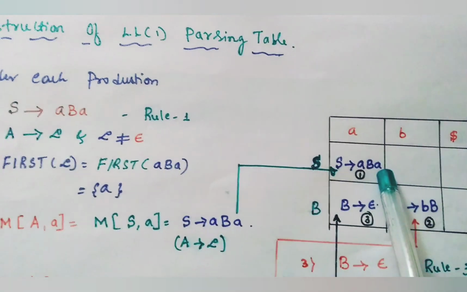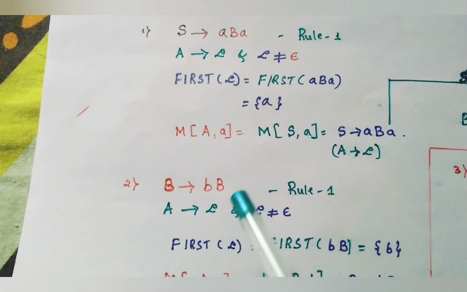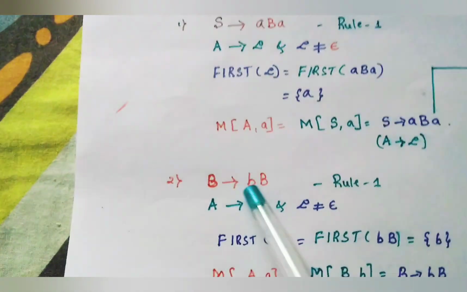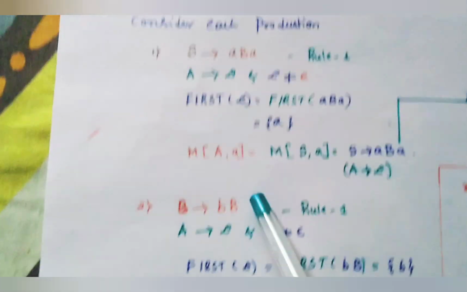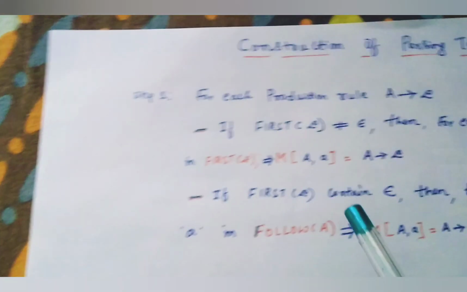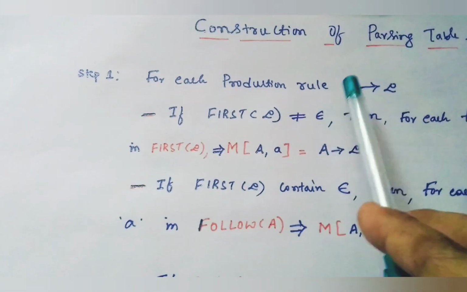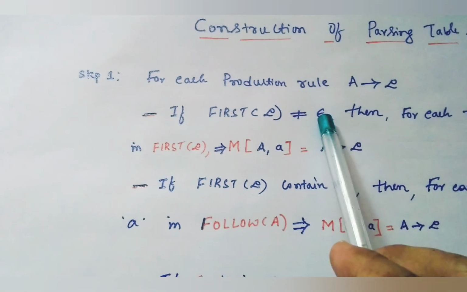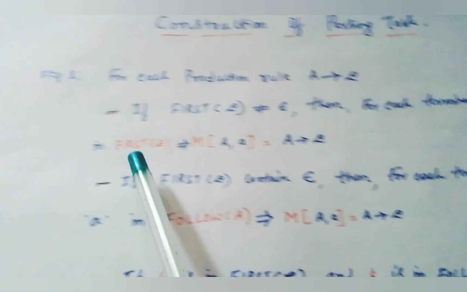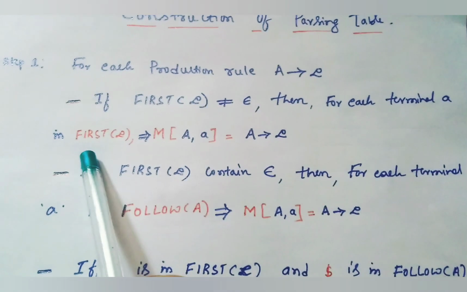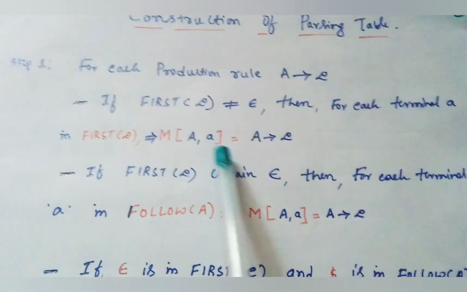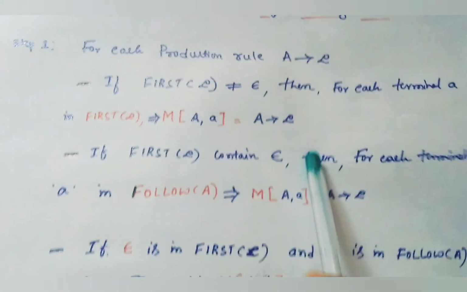Consider the second rule, B tends to BB, which once again follows rule 1. Rule 1 says that if the production is of type A tends to alpha and alpha is not equal to epsilon, for each terminal symbol which is in first of alpha, make an entry M of A comma a is equal to A tends to alpha.